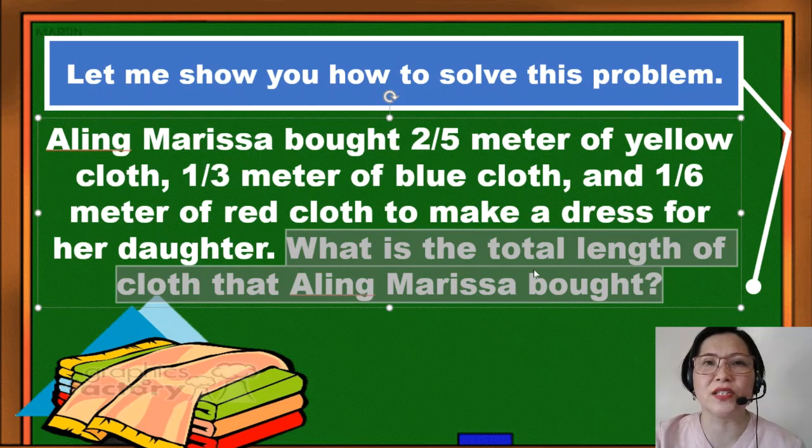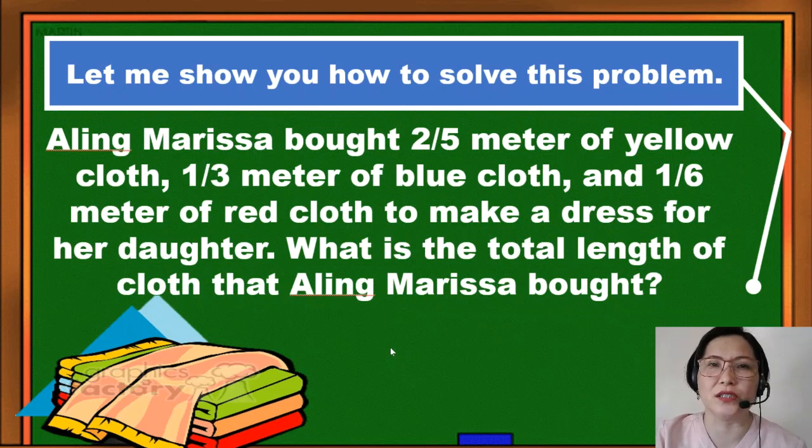Since our lesson is about addition and subtraction, you will just choose between those two. What should be the operation to be used to solve this problem? Is it addition or is it subtraction? What do you think? Very good. That is addition. How did you know that it is addition?